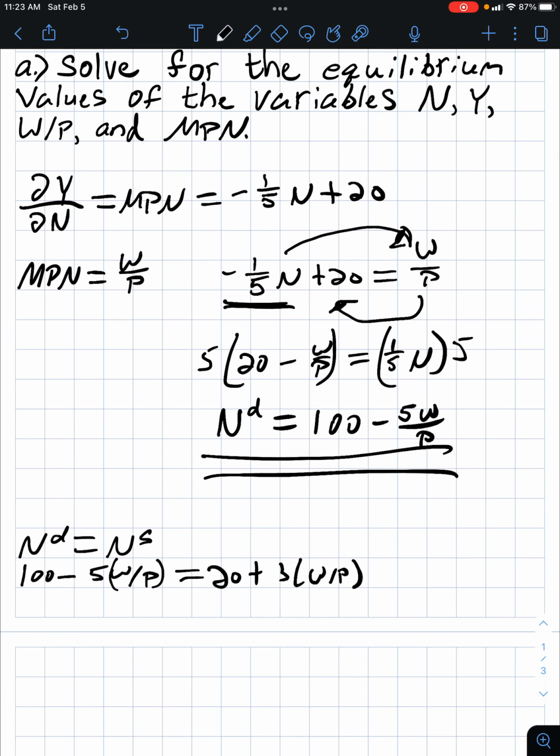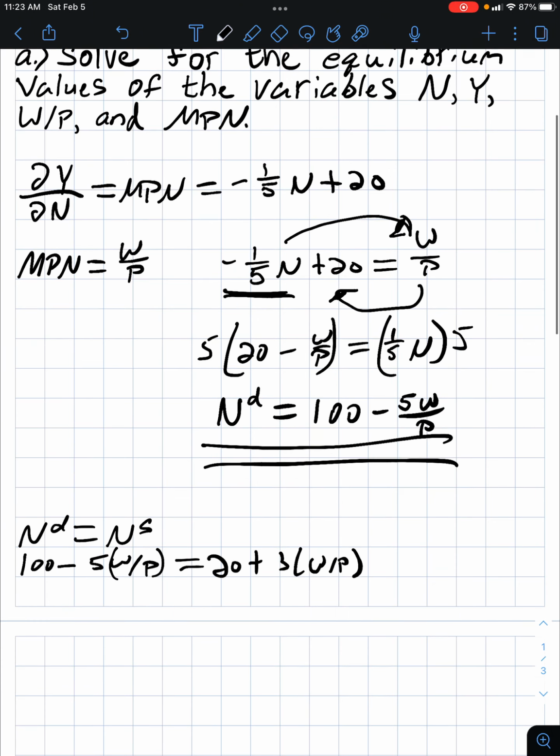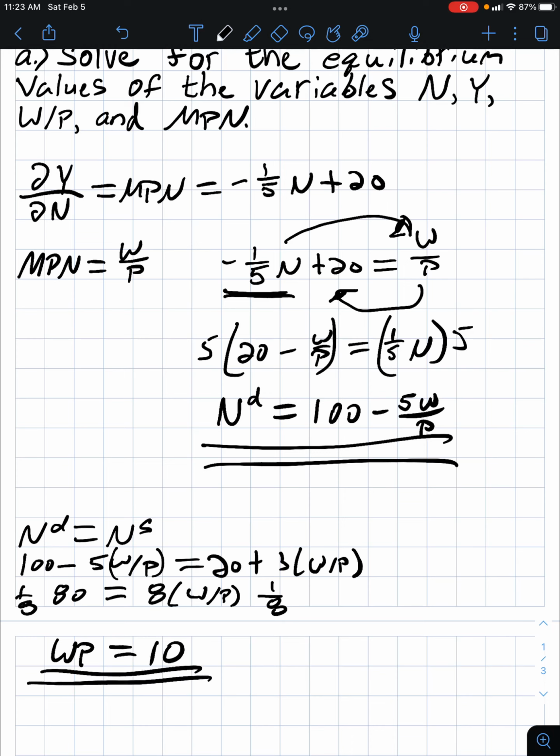And now that we found that, let's simplify. We're going to get 80 is going to be equal to 8w over p. Now we can find w over p by taking 1/8 of both sides. So w over p is going to be equal to 10.